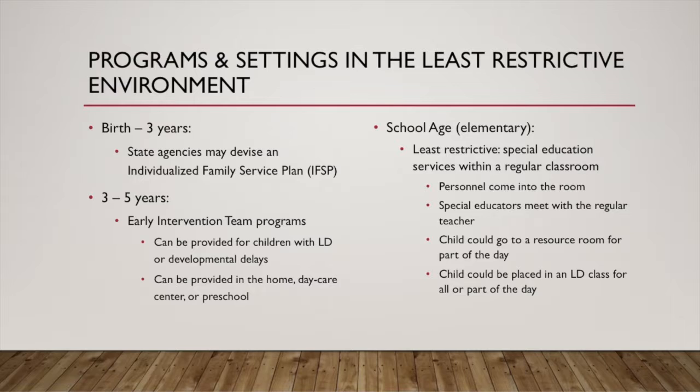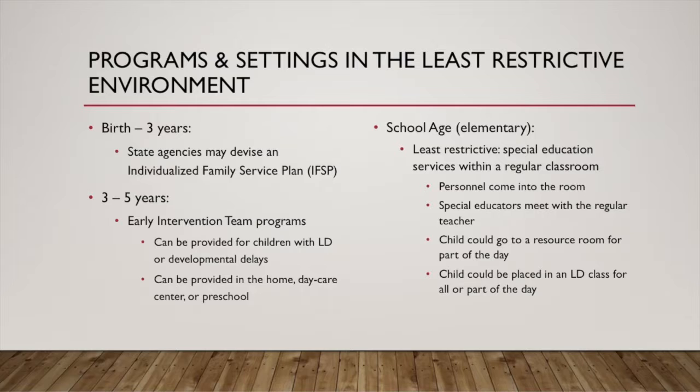Birth to 3 years: state agencies may devise an individualized family service plan. And then 3 to 5 years of age, early intervention team programs can be provided for children with LD or developmental delays, and can be provided in the home, through a daycare center or a preschool.